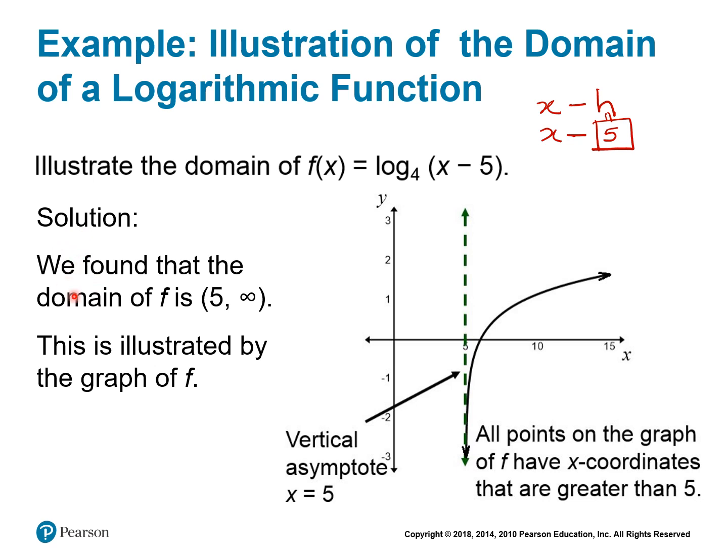So it says here as a solution, we found that the domain of f is 5 comma infinity, with 5 not being included in the domain, and that is what is illustrated in the graph. It's just that the graph has shifted 5 units to the right, which also agrees with the transformation rules that we had learned before.